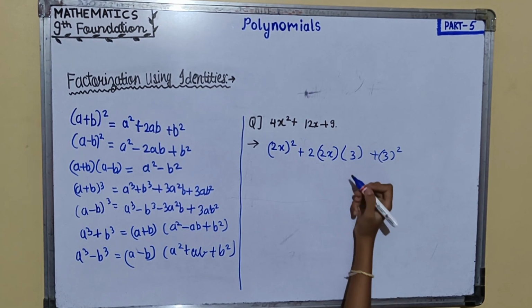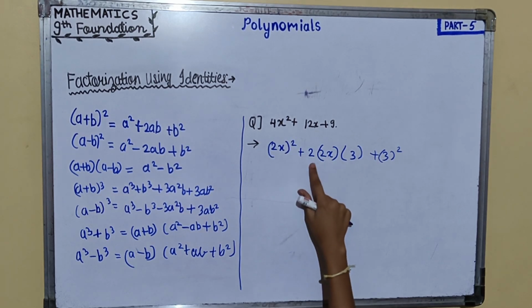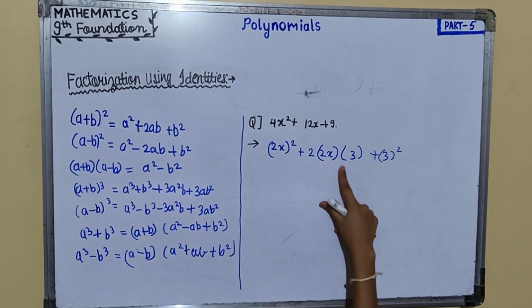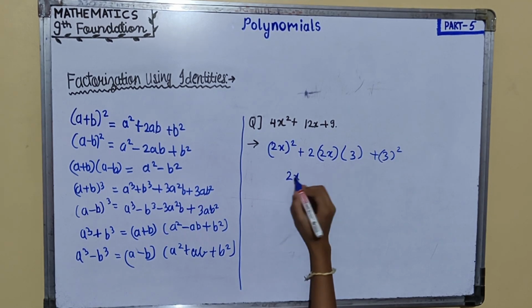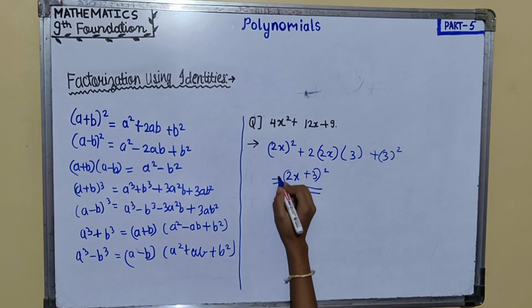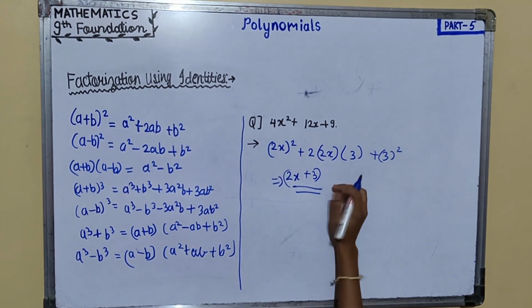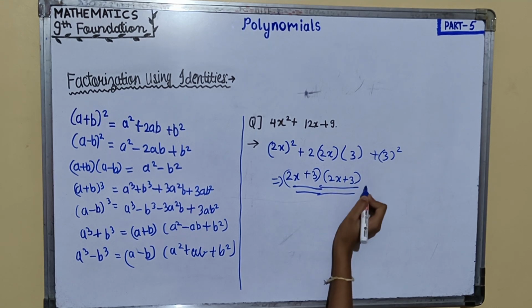So over here we'll put the value of 3. So by multiplying we get this value. 2 into 2, 4x into 3, 12x. So we are getting this value. So that's why 2x plus 3's whole square. This is the factorization. Or else you can write like this. The answers are same.